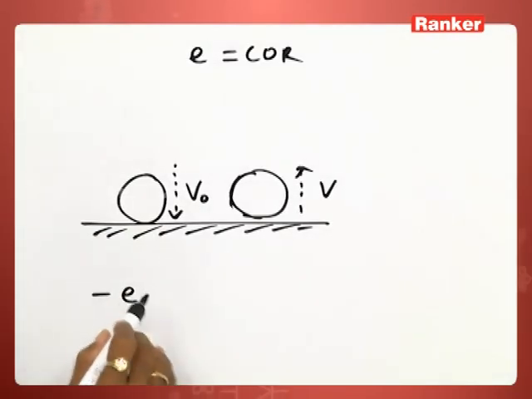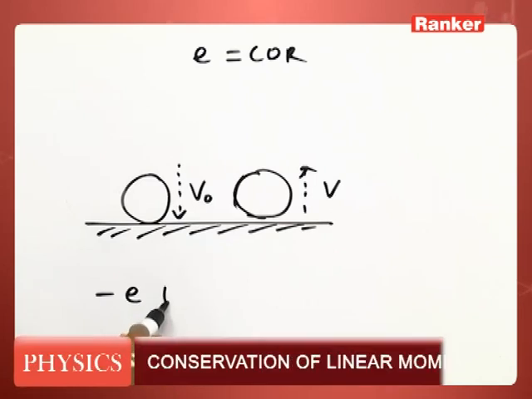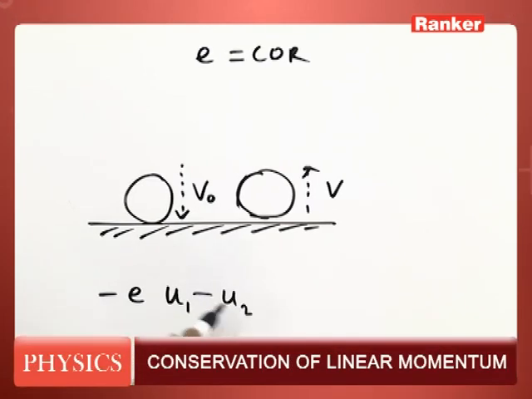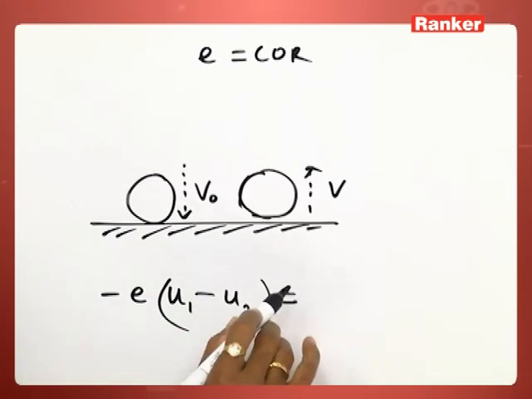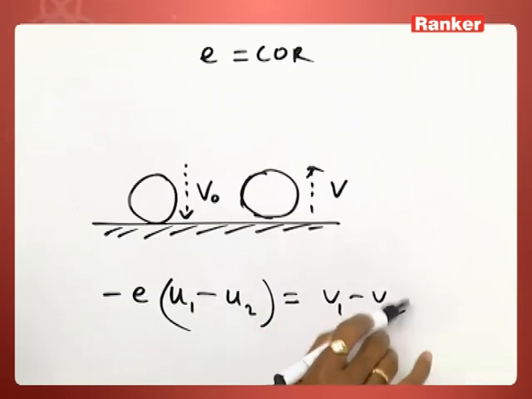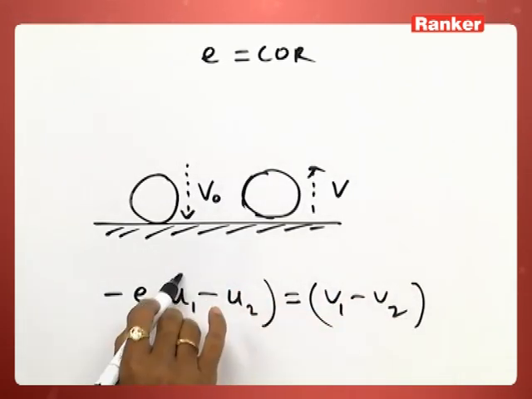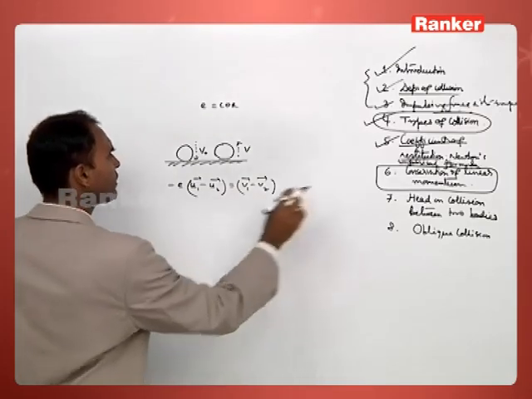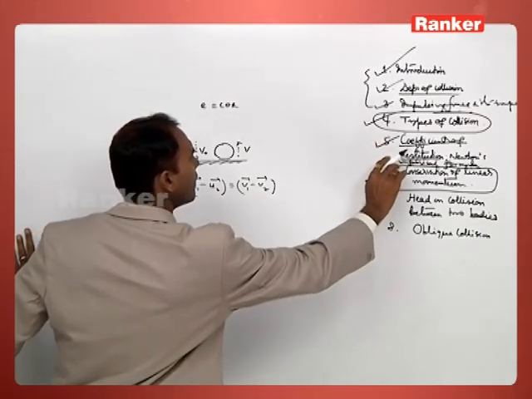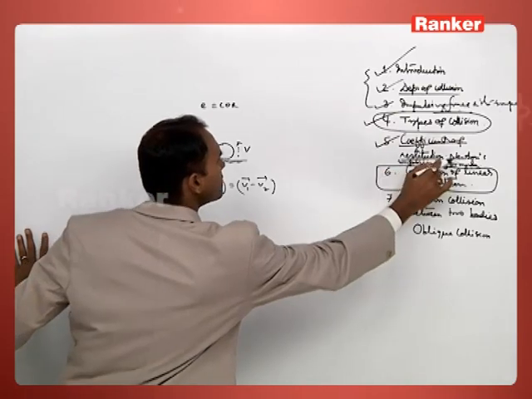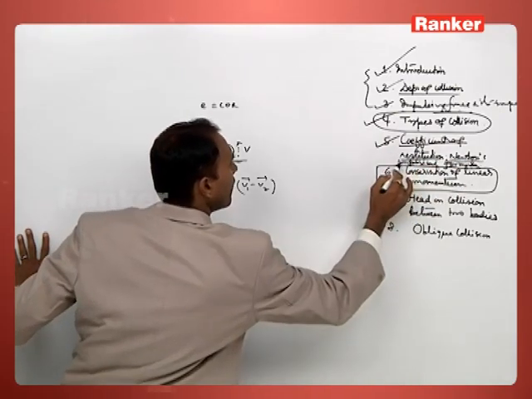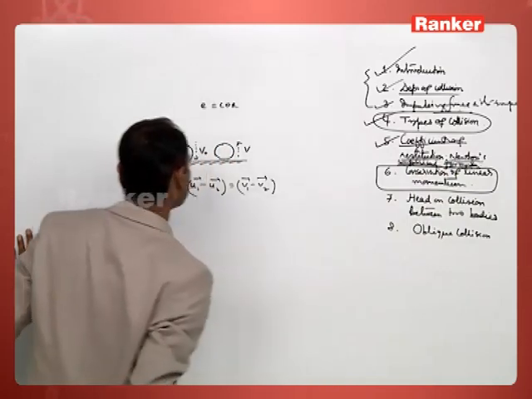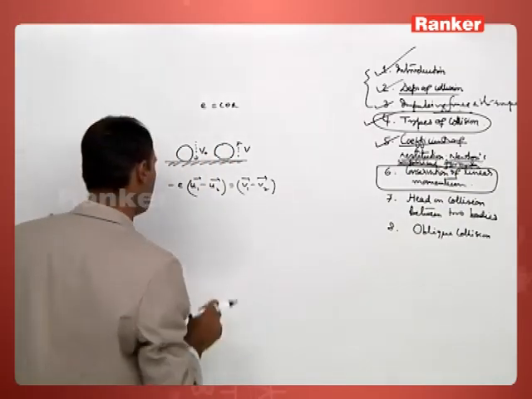Minus e into u1 minus u2, that is the velocity of approach, equals v1 minus v2. This is a vector expression. This is what we call Newton's empirical formula, which defines the coefficient of restitution.